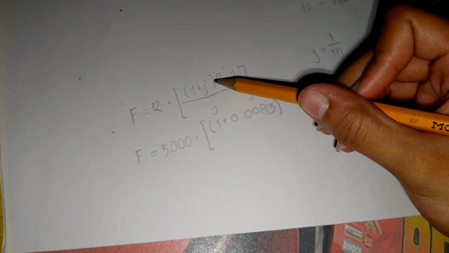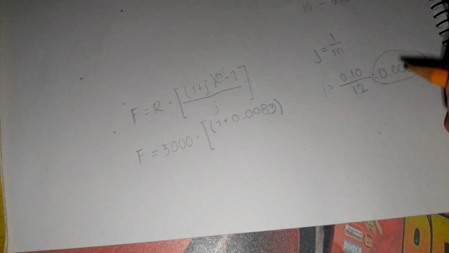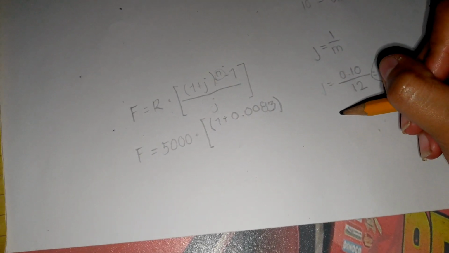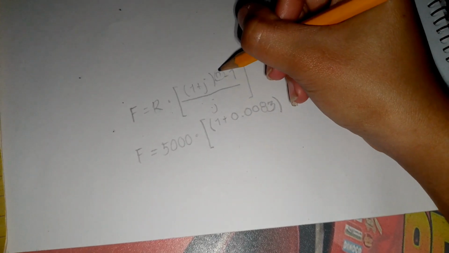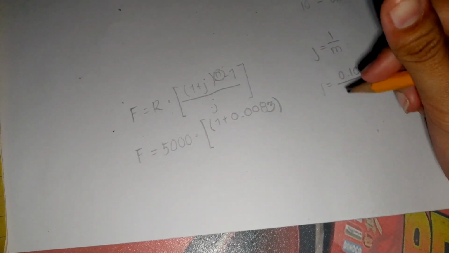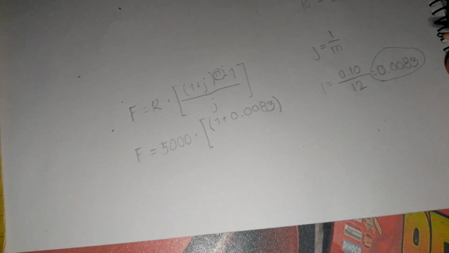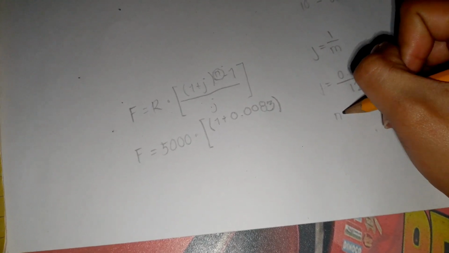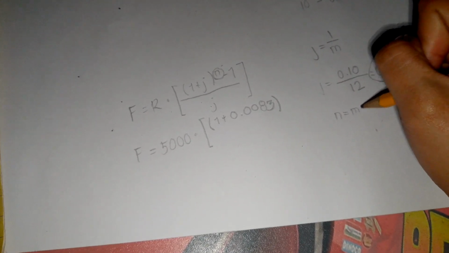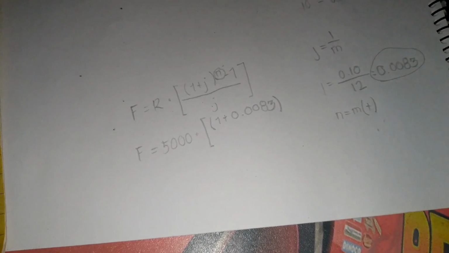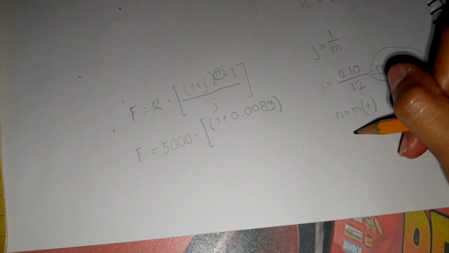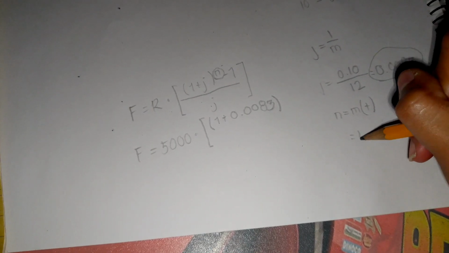Ang next naman natin na kukunin ay yung letter N. So, para makuha yung letter N, gagamitin natin yung formula niya, which is N equals M times T. Sa M, meron tayong 12.